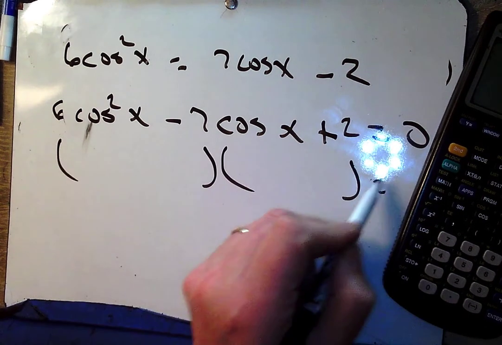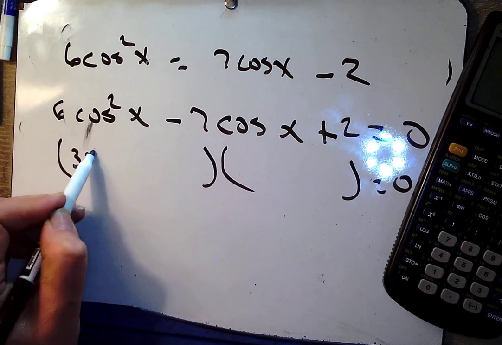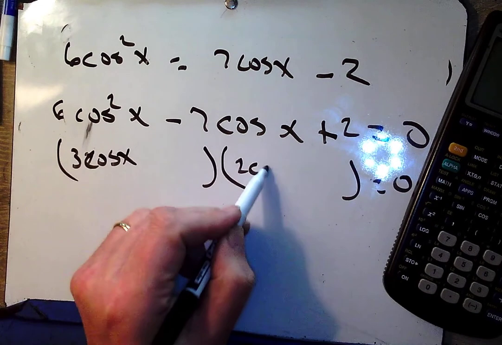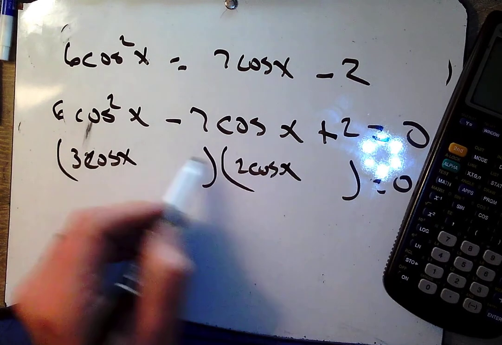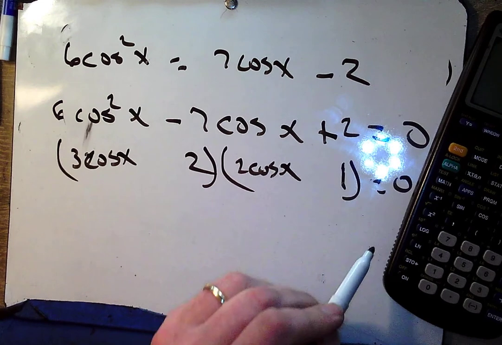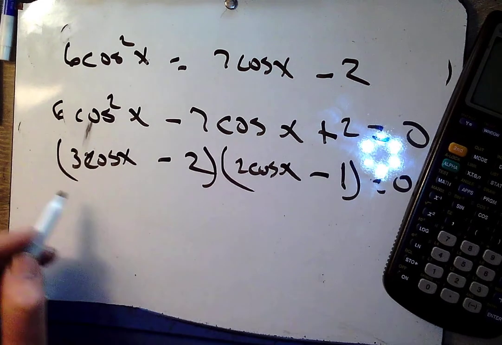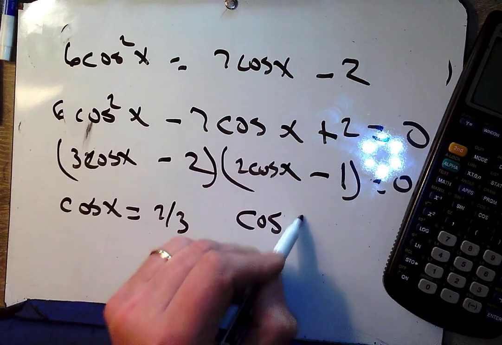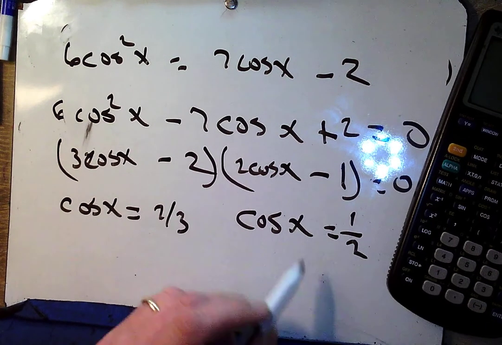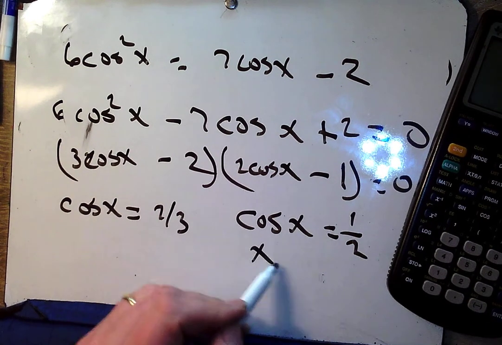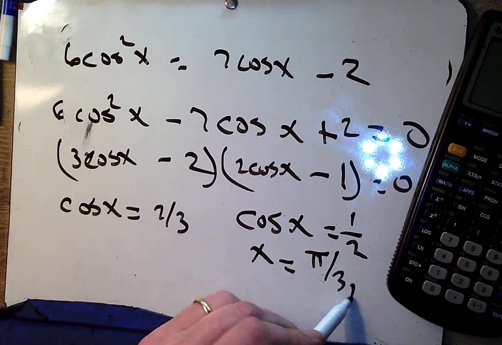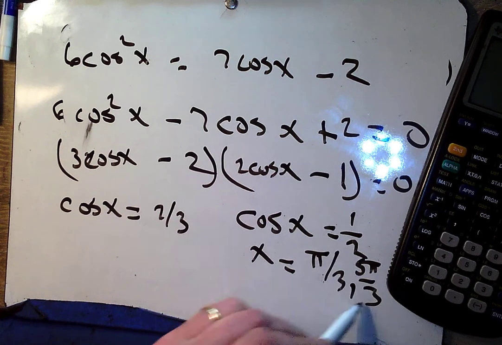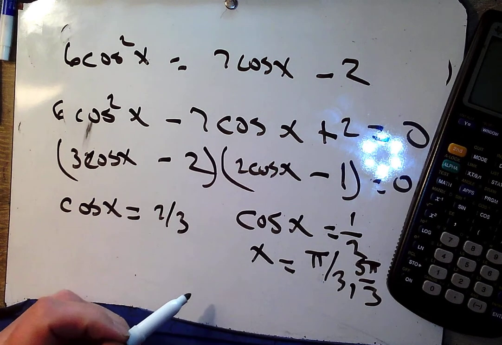Yes, that does factor nicely. 3 cosine x, 2 cosine x, 2 and 1, and a minus and a minus. And so I get cosine x equals 2/3, and cosine x equals 1/2. Well, we should know when cosine is equal to 1/2. That happens at pi over 3, 5 pi over 3. But when is cosine equal to 2/3?